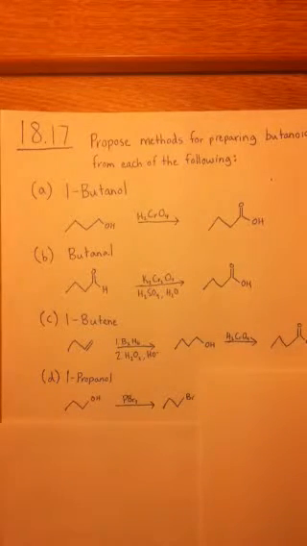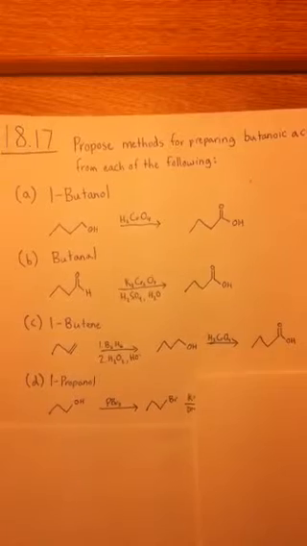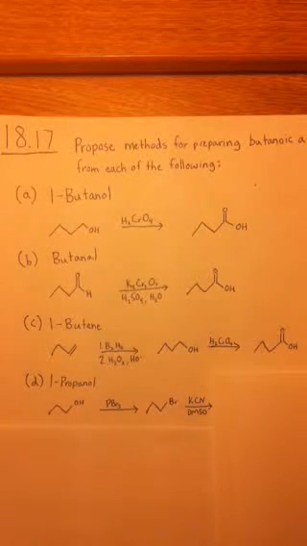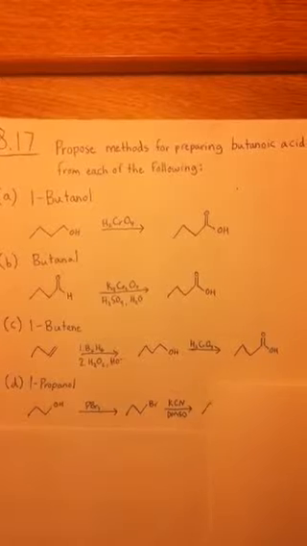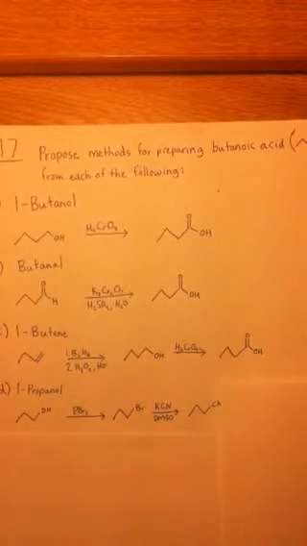And from here you could have gone either 2 ways. You could have gone the Grignard reagent method, where you would have added magnesium and diethyl ether, and then had the MgBr on there, the Grignard reagent. But I went with potassium cyanide and dimethyl sulfoxide, and this is going to give me a cyanide right there on the end.